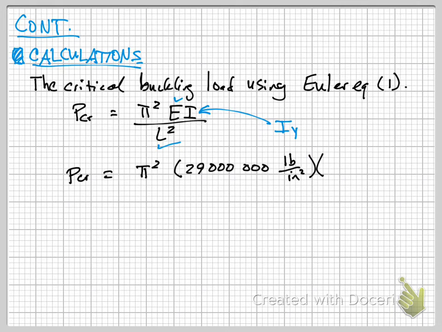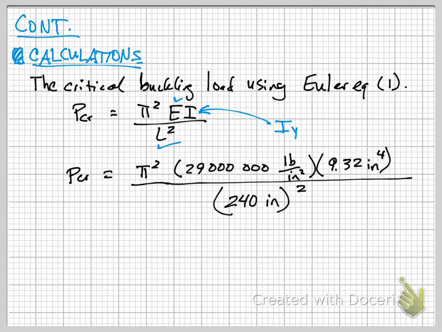My IY value was 9.32 inches to the 4th. And I have a length of 240 inches. That value will be squared, and I'm going to go ahead and do a unit analysis to make sure I have my pounds per inches squared. I have inches to the 4th, and that whole thing is over inches squared.